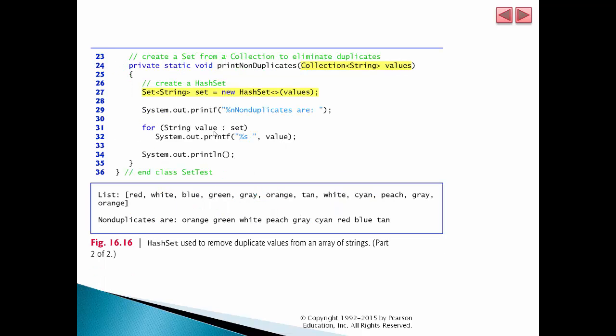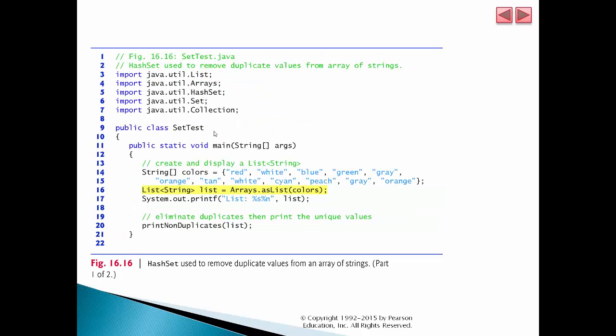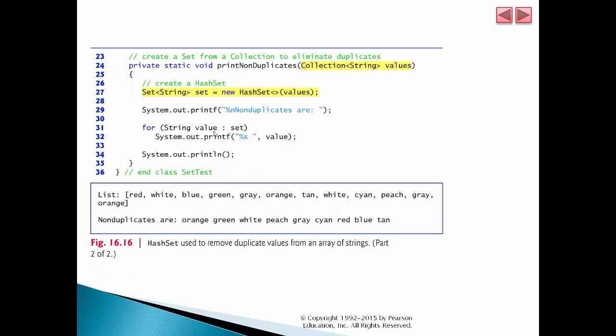And if you need to store a unique set of values, then you can use these. What if your objects are not type-wrapped objects like strings or integers? Let's say it's customers and you'd like to store a unique set of customers. Then you need to override the equals method.